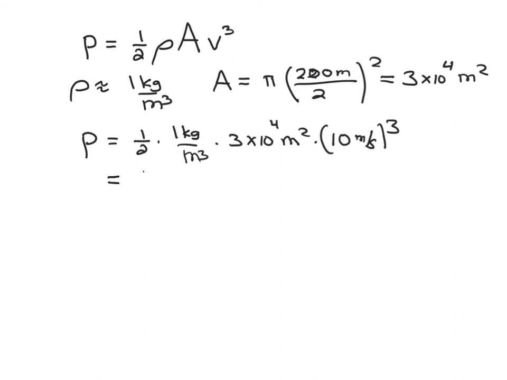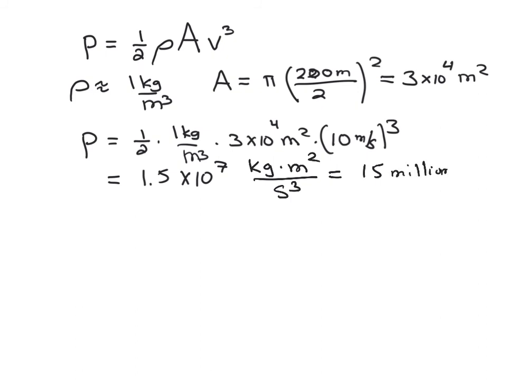And that's equal to 1.5 times 10 to the 7th, and the units, if we're being careful, work out to be kilograms meters squared per second cubed, and that is 15 million watts. That's 15 megawatts.